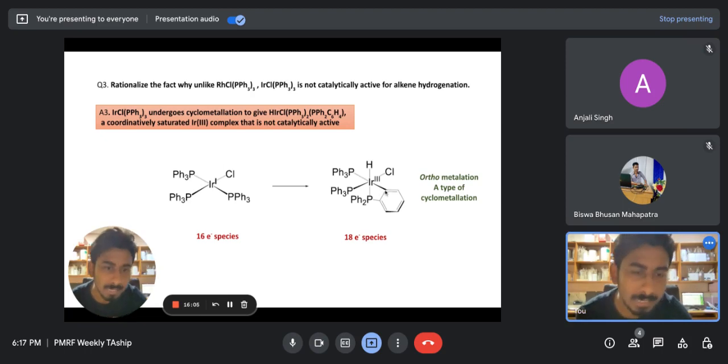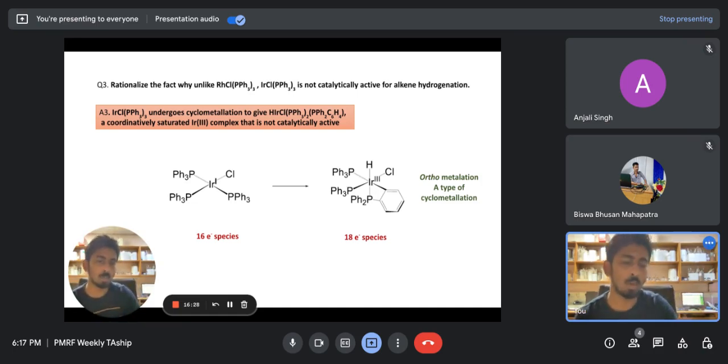And that's why this carbon and this hydrogen get oxidatively added to the metal center. That's why from iridium(I) we go to iridium(III), and this C-H bond's hydrogen goes to here. Since this C-H bond is non-polar or very less polar, I have already told you that non-polar bonds get oxidatively added in cis fashion.